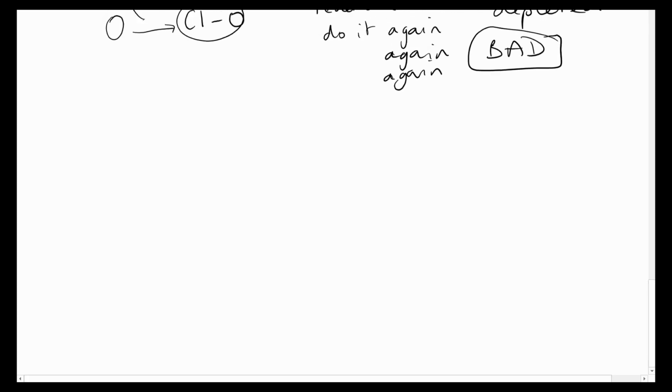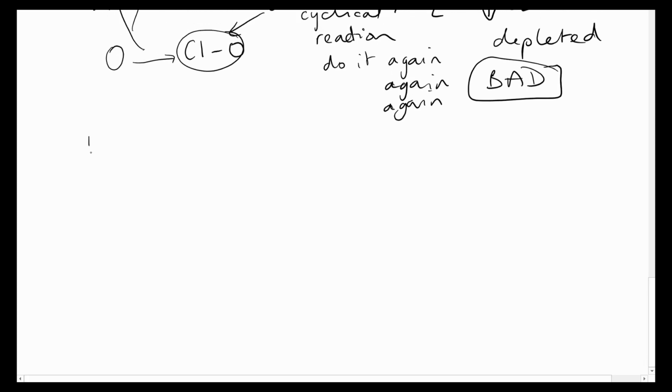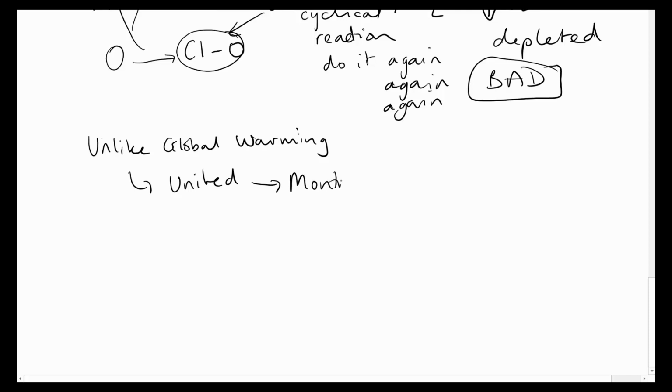So unlike the challenges that we've had with trying to tackle global warming, the world actually came together and united to agree upon a treaty, and that was the Montreal Protocol. And this was in, I think it was something like 1987. It was in the 1980s.